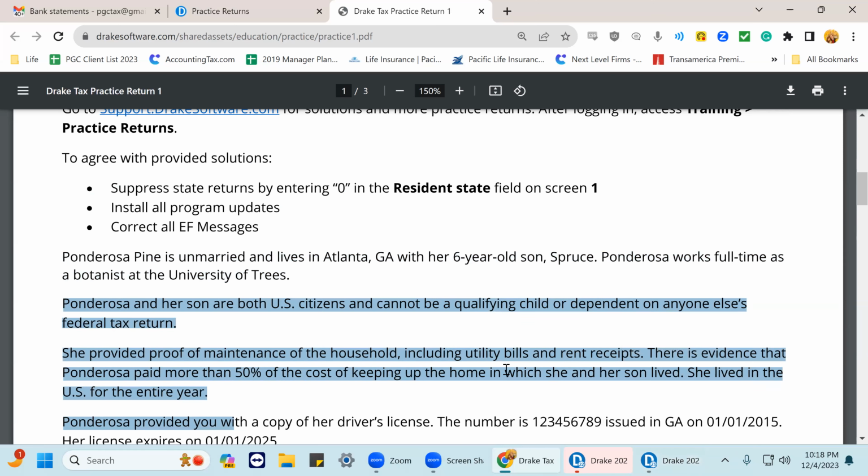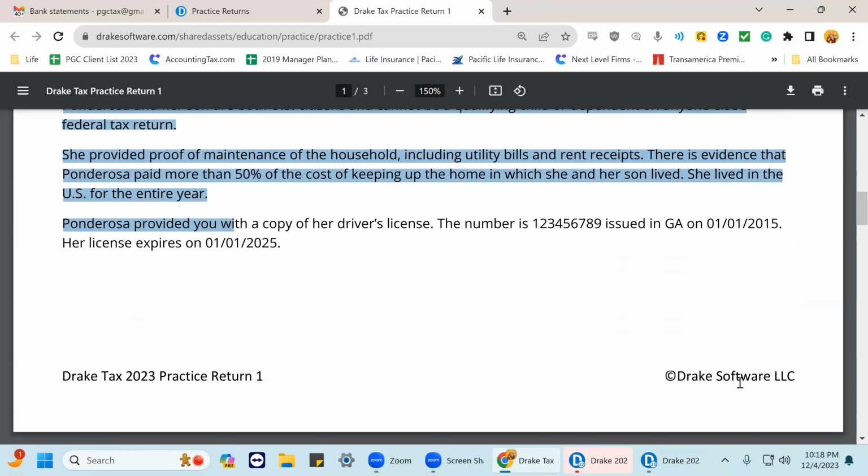She provides proof of maintenance of the household, including utility bills and rent receipts. This is evidence that Ponderosa paid more than 50% of the cost of keeping up the home in which she and her son lived. She lived in the U.S. for the entire year.